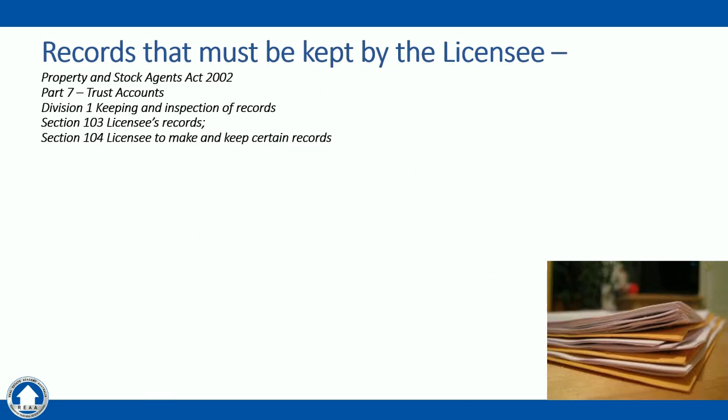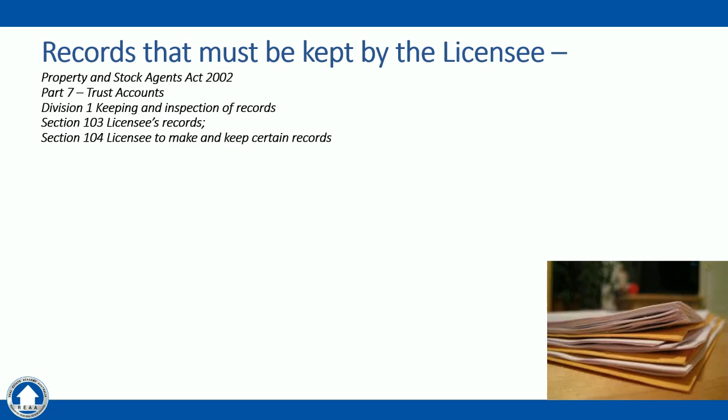The licensee must keep certain records, and the records that must be kept by a licensee is covered under the Property and Stock Agents Act 2002, Part 7, Trust Accounts, Division 1, Keeping and Inspection of Records, Section 103, Licensee Records, and Section 104, Licensee to make and keep certain records.